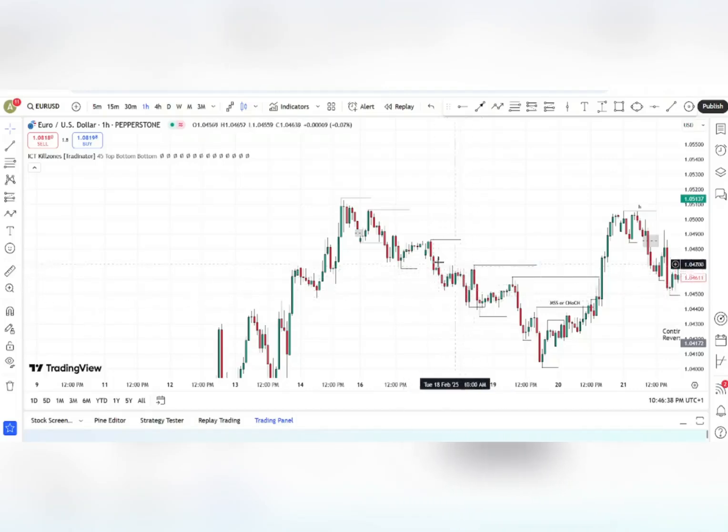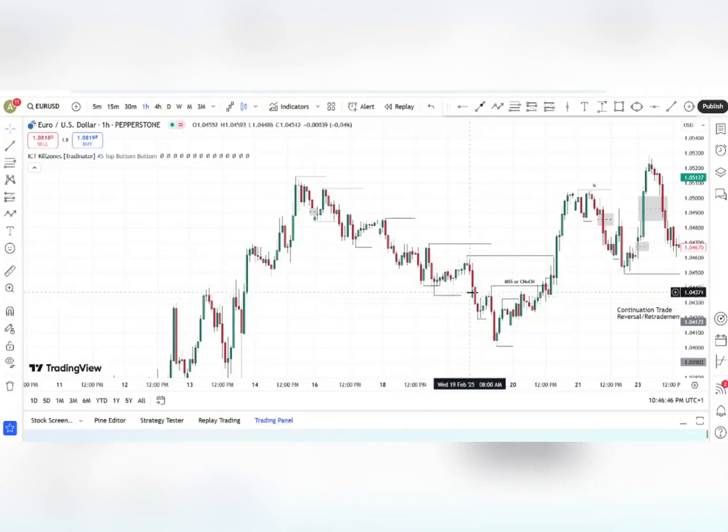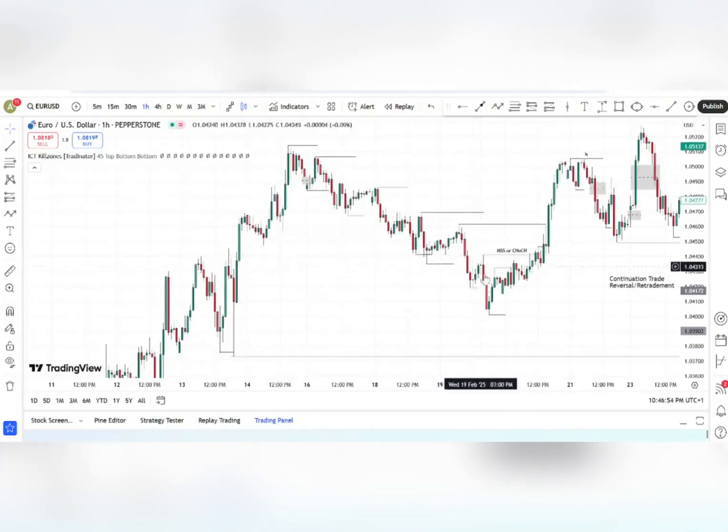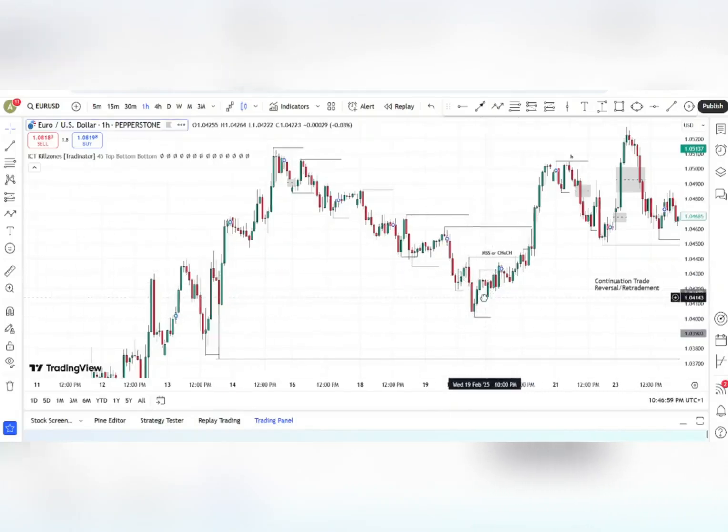Then it came to this point, raided this liquidity to head for the next liquidity, this order block, tapped on it, broke structure, headed for the next liquidity. Then you see this, it tapped almost to this fair value gap, and boom, down. You get the point.